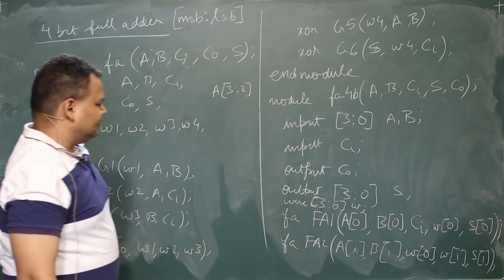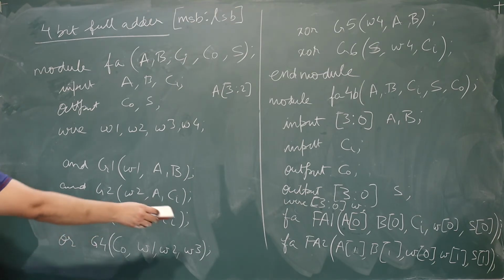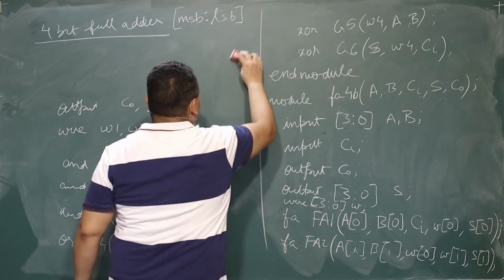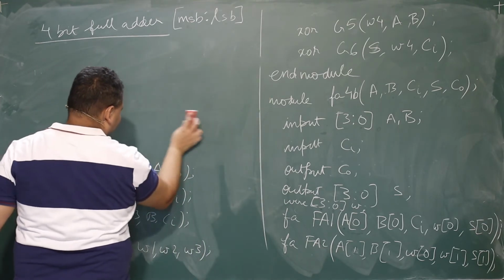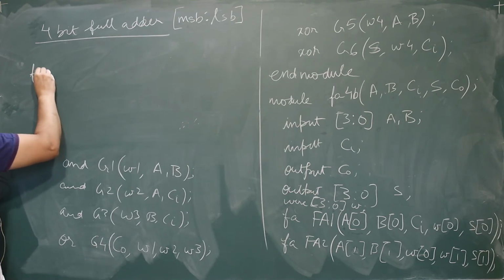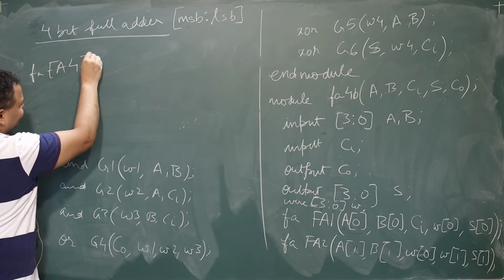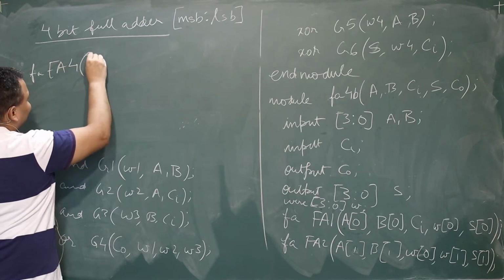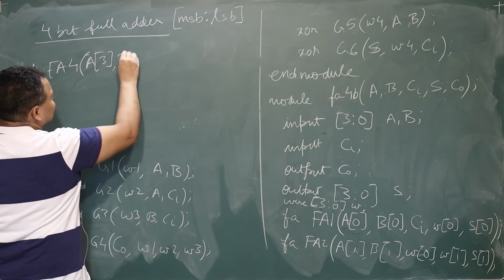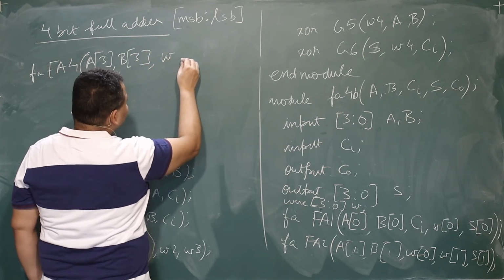Okay, and I'm going to erase this. We'll similarly have FA3 and finally FA4. What will be in FA4? It is going to be A3, B3, and W2.